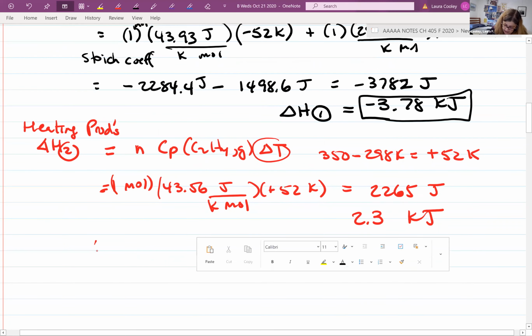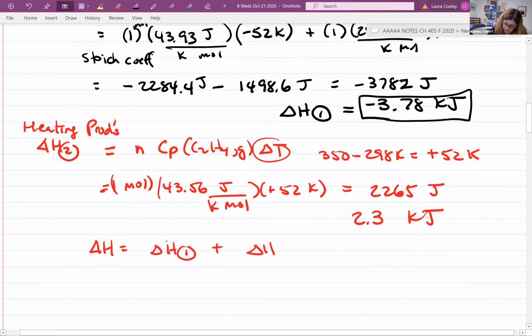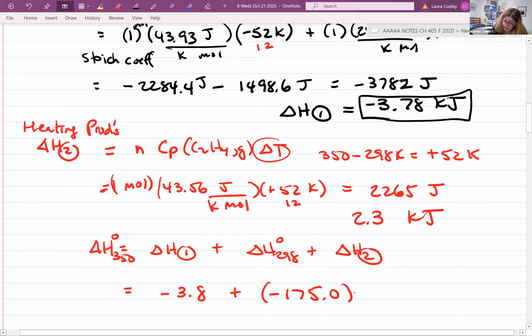So now I'm going to add this up. So we had minus 3.8. Yeah, it really only has 2 sig figs. That's why I'm keeping only 2 sig figs here. Plus negative 175. That was the number we were given for the delta H at 298, plus 2.3.